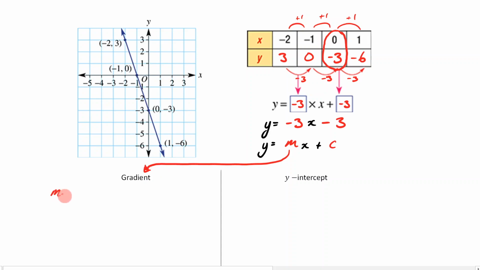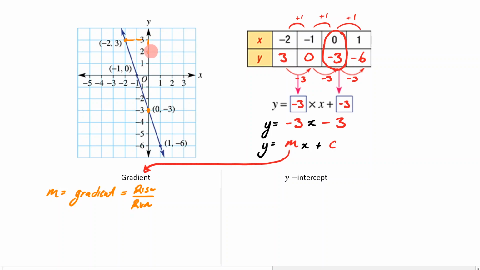So m is my gradient. My gradient is my rise over my run. Let's take 2 points. Let's take this point. Let's take this point.